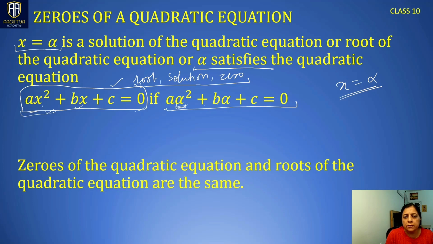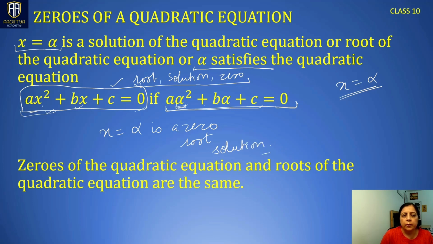If this makes the LHS and RHS of this equation equal, then we can say that x is equal to alpha is a zero, root or solution of this equation. So if LHS and RHS become equal, that particular value is a zero of that quadratic equation.